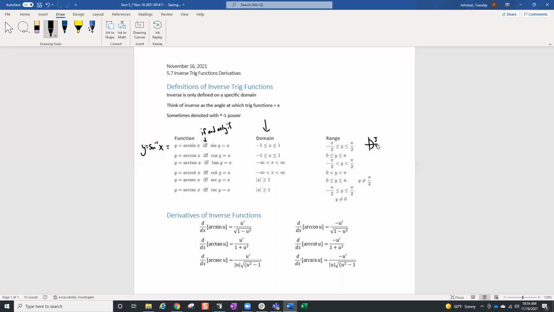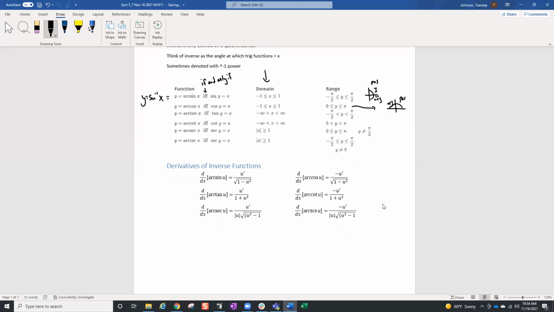Negative pi over 2 to 0 to pi over 2. Inverse cosine is only defined in quadrants 1 and 2. Over here it's positive, and if it's negative, we're on the other side, and so on. And they kind of all correspond in one way or another.